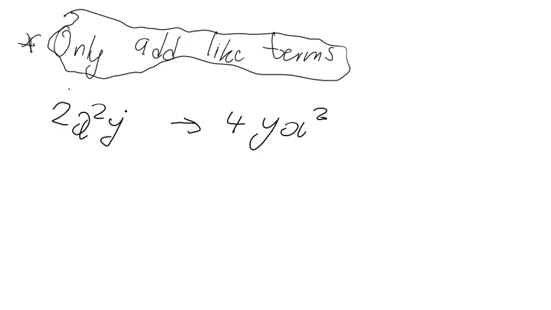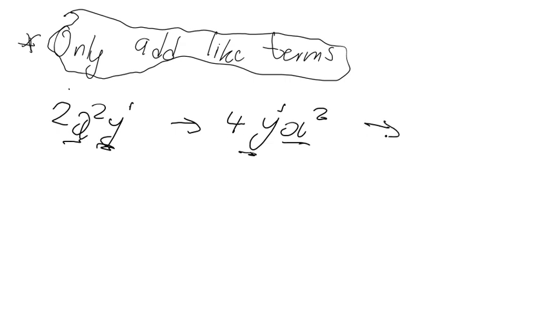This order doesn't matter, as long as it carries same variables and same exponents. Why do I say that? It's because the y on this side and the y on this side have an exponent of 1, the invisible one, and the x squared on this side is x squared also on this side. So that's why they are called like terms.